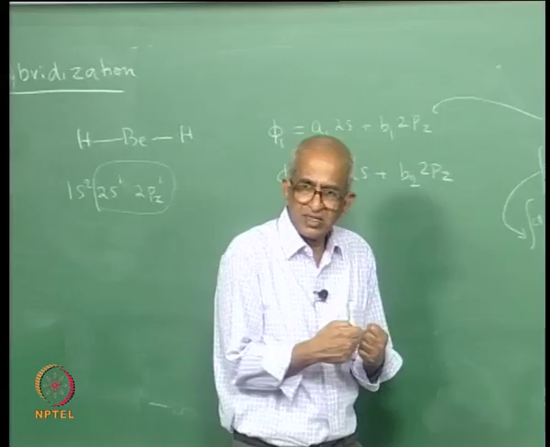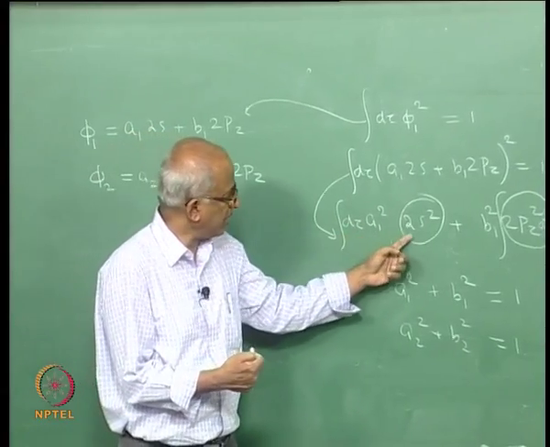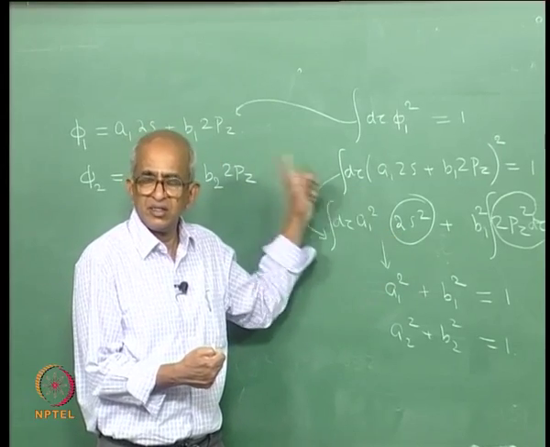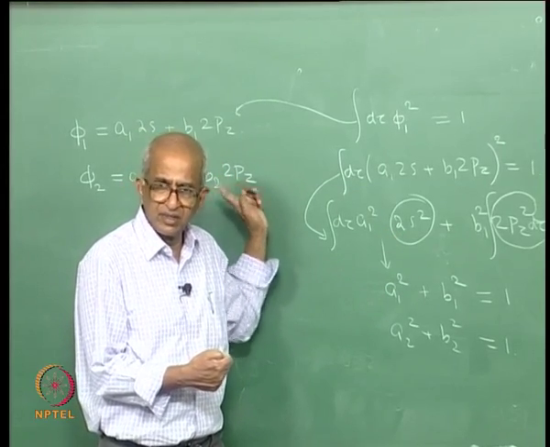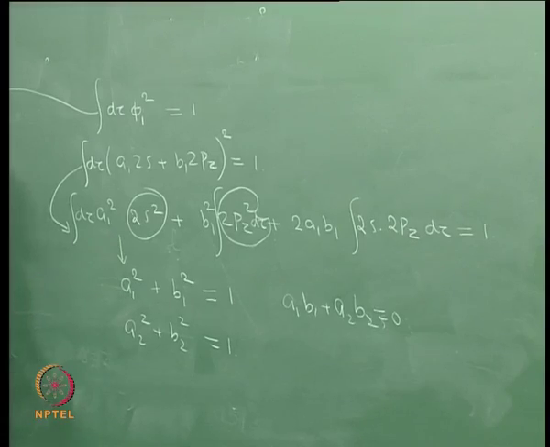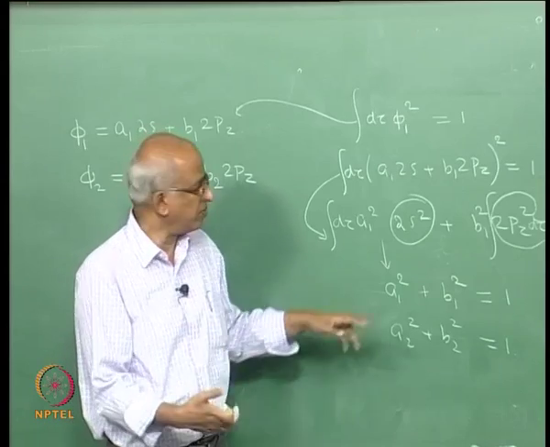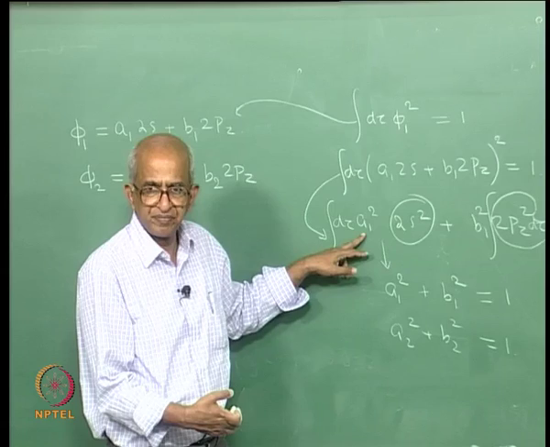This means that the importance of the 2s orbital in the charge density of phi 1 square is determined by a1 square.